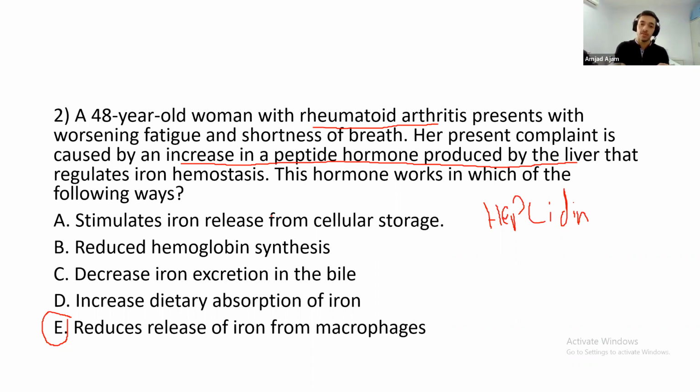It will inhibit the release of iron from macrophages, and it will inhibit the iron absorption from the enterocytes. Got it? Exactly, yes, it's hepcidin.